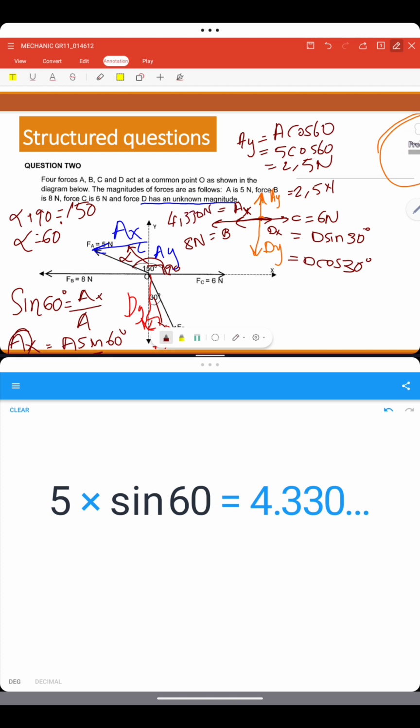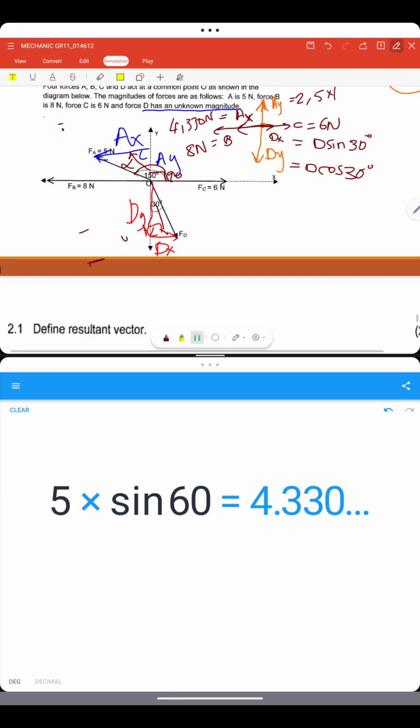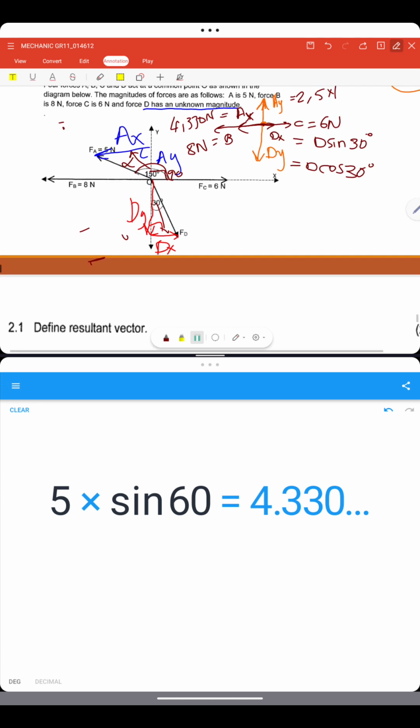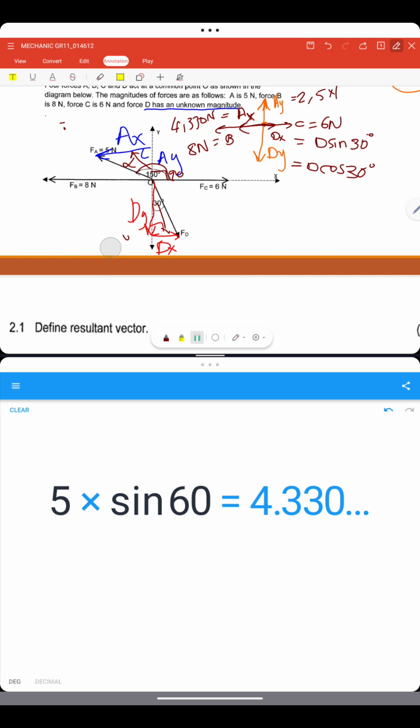And I'm just going to clear my sketch a little bit. Okay. So now looking at this new diagram, we have most of the things. We have done a very thorough analysis. So we can now go to the questions.